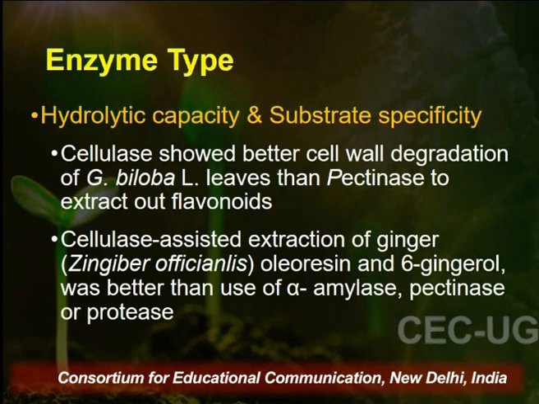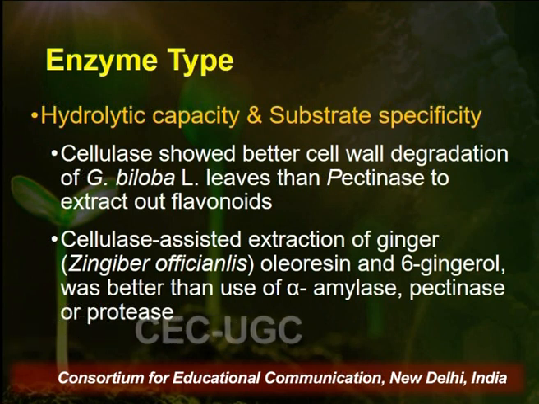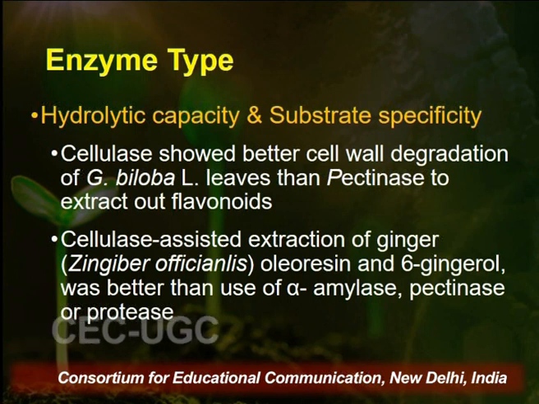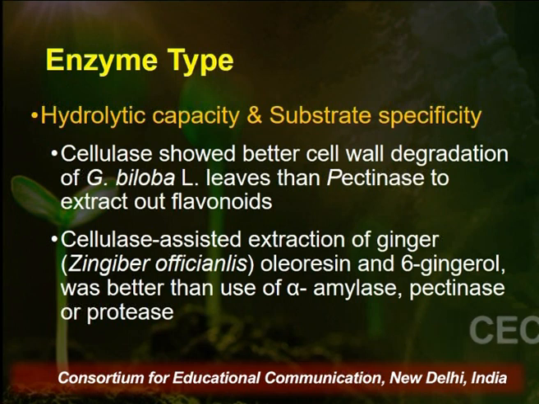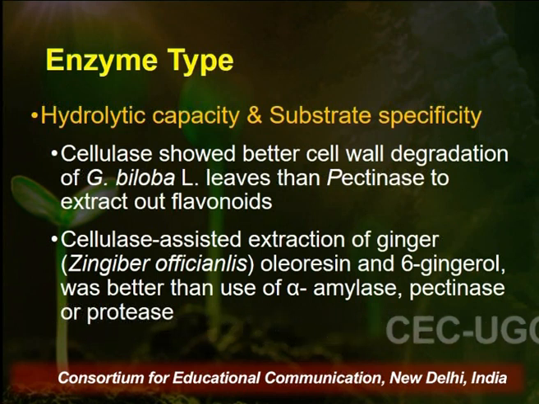So in a study, when cellulase enzyme was used to extract flavonoids from ginkgo biloba leaves, it was found that the yield of flavonoids was much higher when cellulase enzyme was used in comparison to when pectinase was used. Similarly, with cellulase assisted extraction of ginger oleoresin and 6-gingerol, these are the two major components of ginger, the yield was very significantly higher in comparison to when a mixture of enzymes which constitute alpha amylase, pectinase or protease was used.